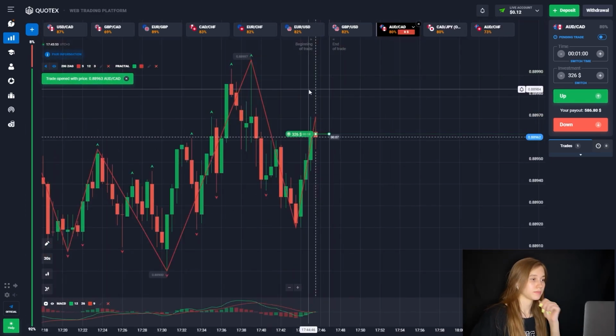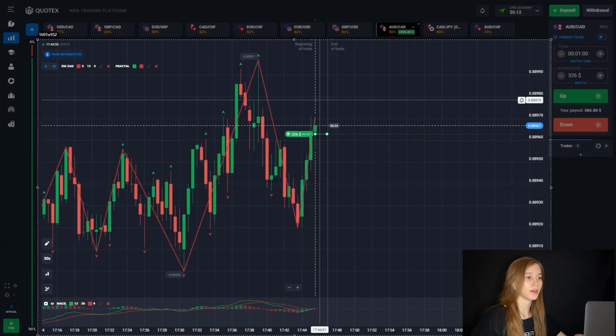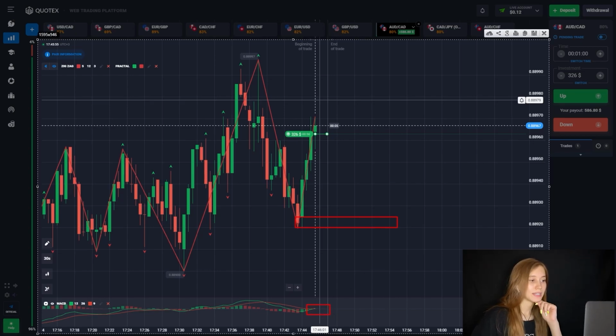Let's see. I think it's also necessary to go for an increase here. I'll explain the principle of entry. We entered very well. As we see that we have formed a point with lows, we see the intersection in this area of the moving averages, and they crossed this line.